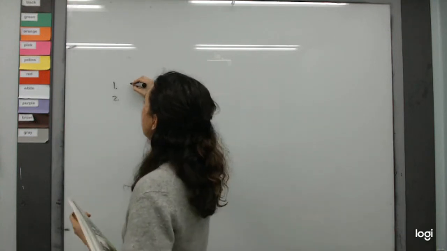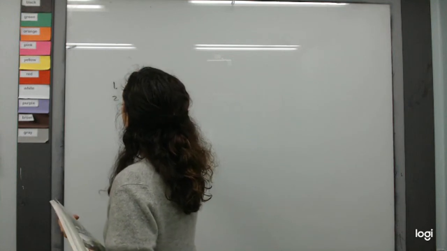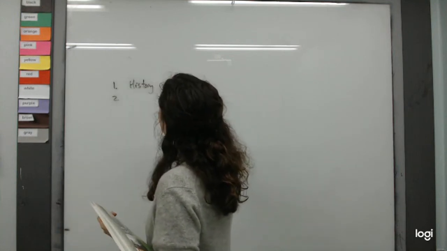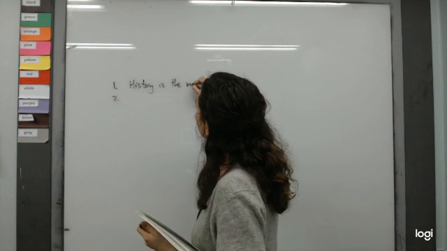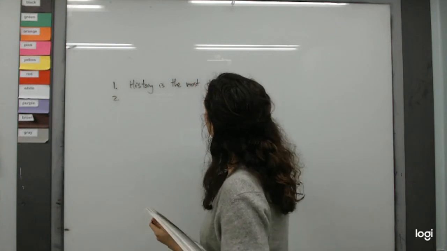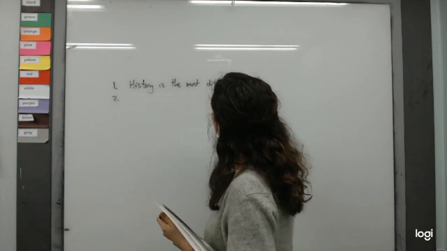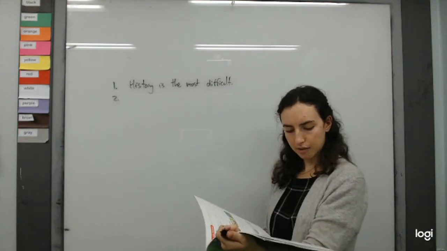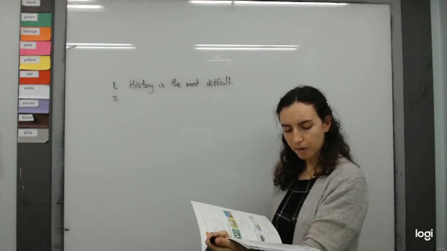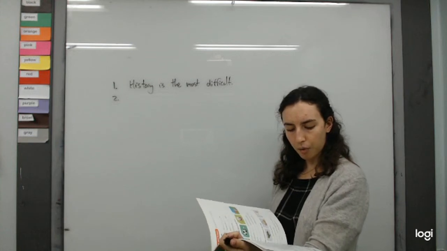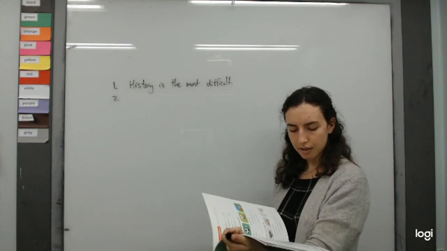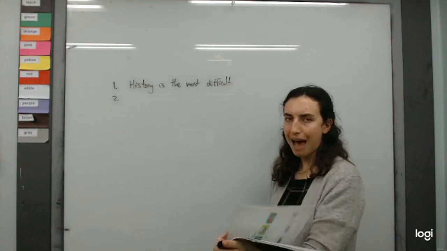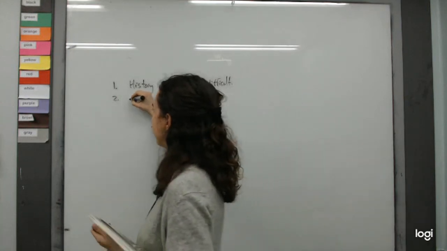For me, I think history is the most difficult for me. So I'll write history is the most difficult. And which subject is the easiest for me? I will write math is the easiest for me.